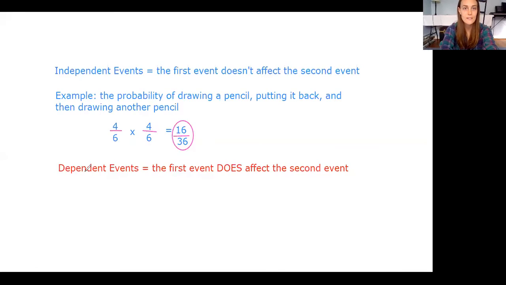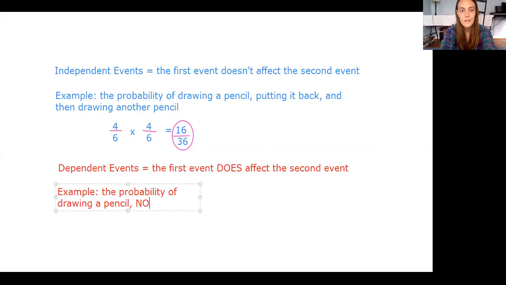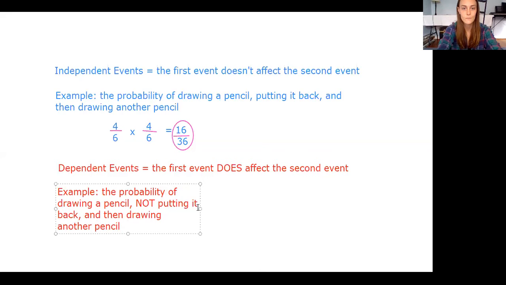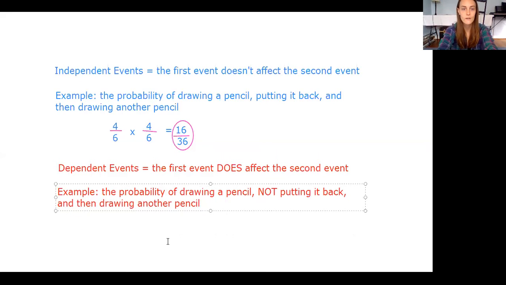And let's say for a dependent event, the probability of drawing a pencil, not putting it back, and then drawing another pencil. Just like the first event, we know that the probability of drawing a pencil was 4 pencils out of 6 utensils.